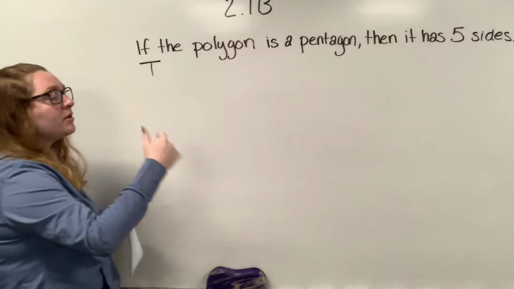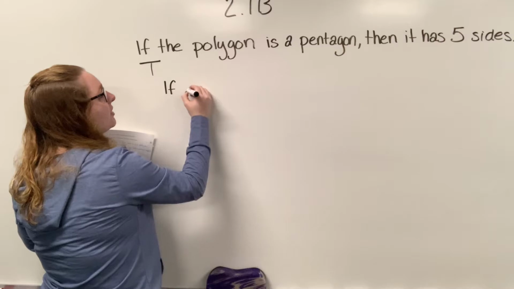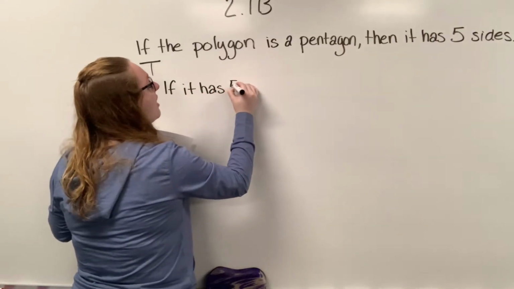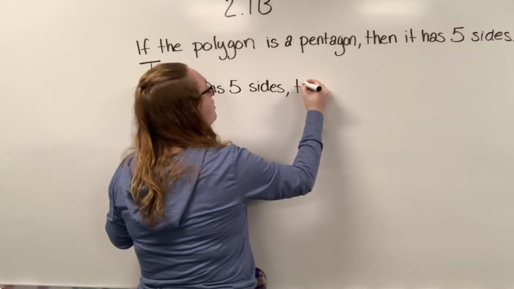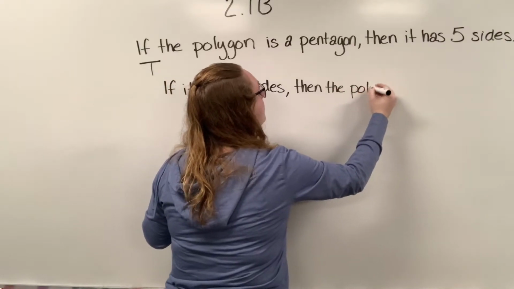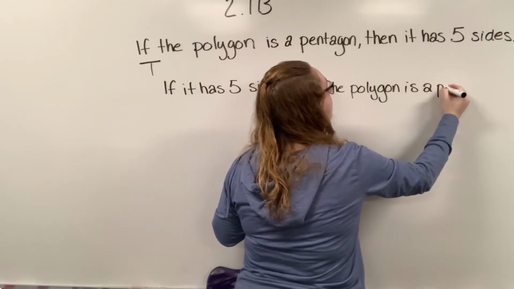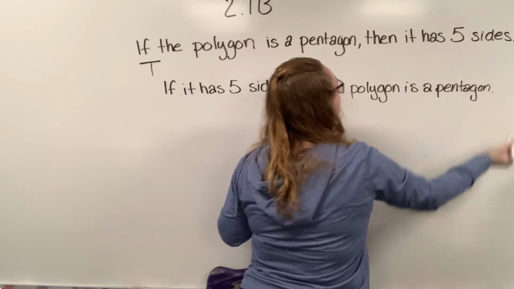Okay, so let's flip those two and write our converse. So if it has 5 sides, comma, then the polygon is a pentagon. Okay?